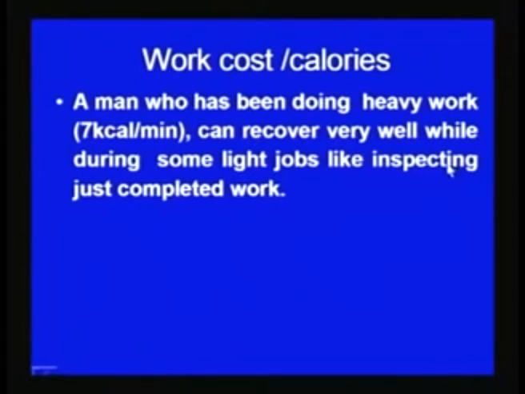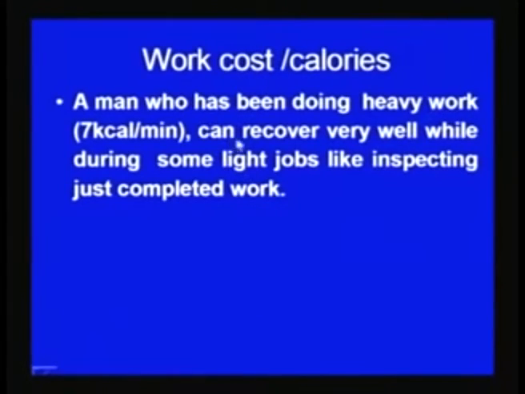For example, inspecting or checking the dimensions, because light work consumes energy less than 1.5 kilocalorie per minute or 3 kilocalorie per minute, or less than the upper acceptable energy limit. Those activities and jobs can be effectively done by the operator instead of going for complete rest from the work.